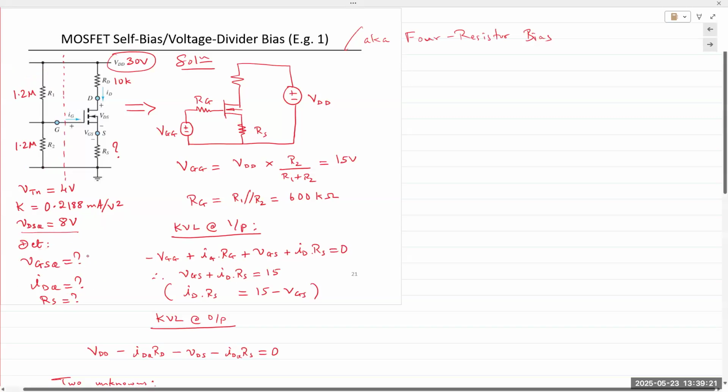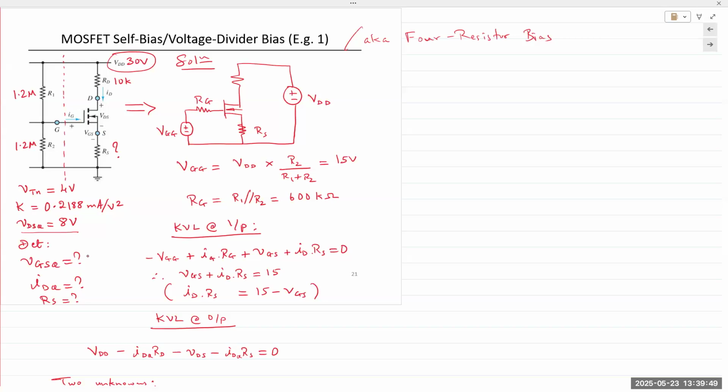This could be described as a design problem, meaning we want our device to operate at a VDS value of 8 volts, and we need to determine the value of the components, meaning the source and the drain resistor. To make our job easier in this example, the drain resistance is given to us, so we can determine then what the ID current is.